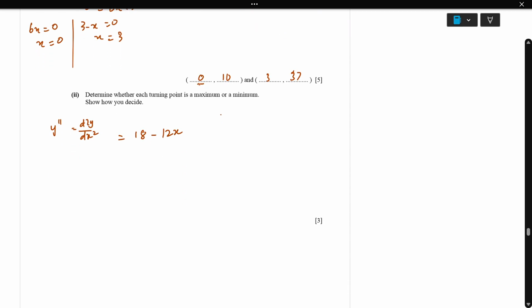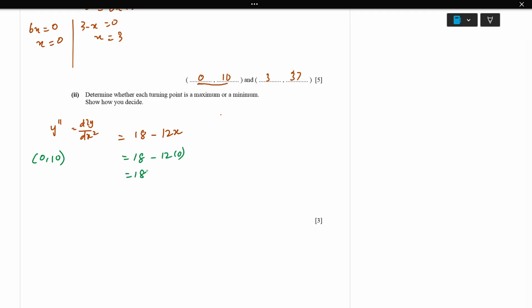The first coordinate is (0, 10). I'll put x equal to 0. So here there is nothing to substitute for y, I'm substituting only x. 18 minus 12 times 0 is going to be 18.